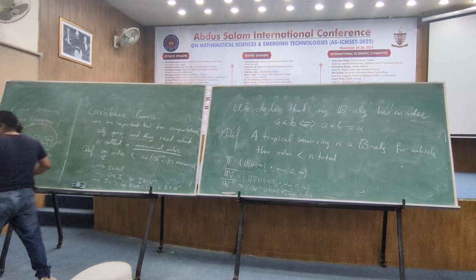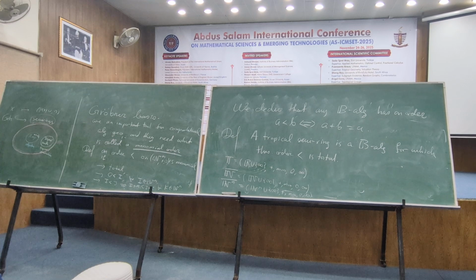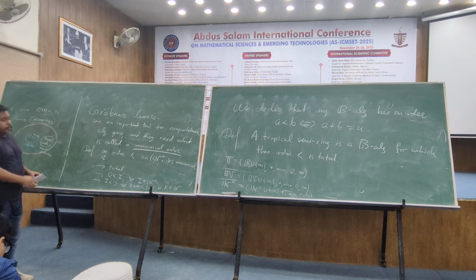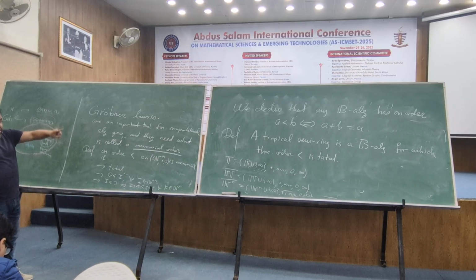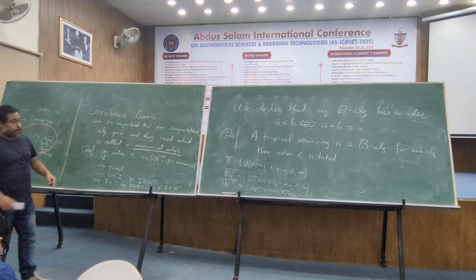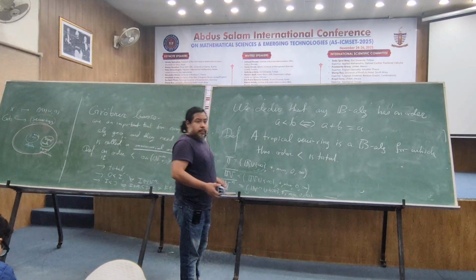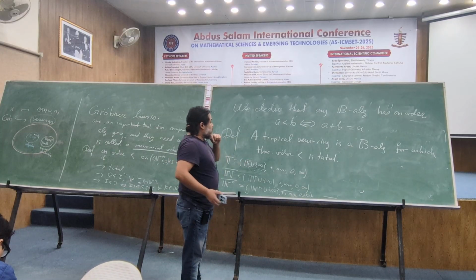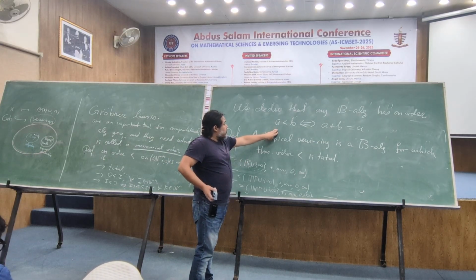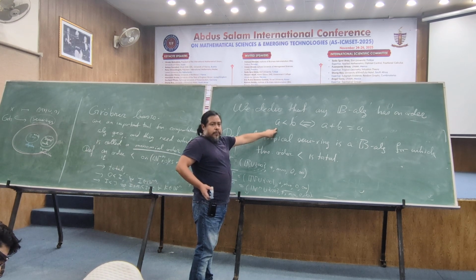So just to finish this part, let me give you the theorem between tropical semi-rings and totally ordered monoids. Student: Professor, B greater than A if and only if A plus B is equal to B, I think? Here? Yeah. Last, A plus B is equal to B. No, I think it's okay because here is the minimum convention.